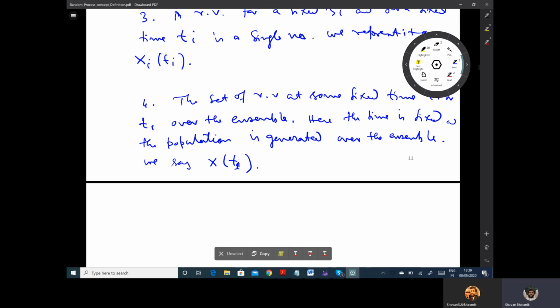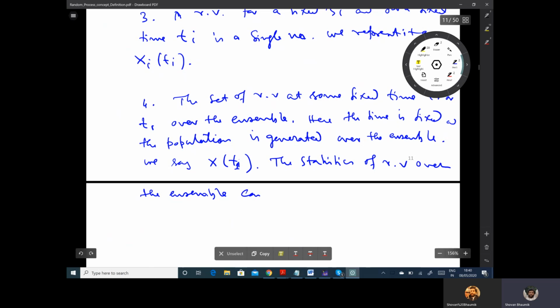The statistics of the random variable over the ensemble can also be calculated, and it plays a very important role in realizing and analyzing a random process. Let's say for x(t1), what will be the mean?